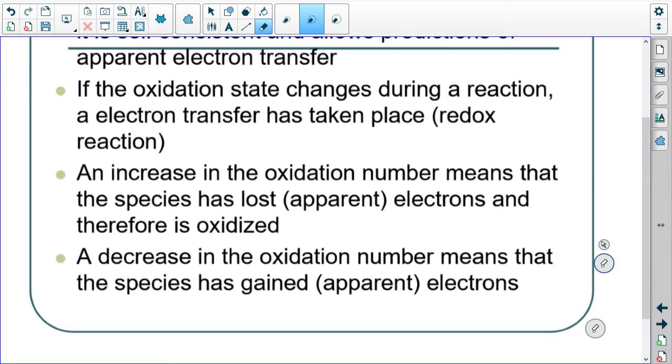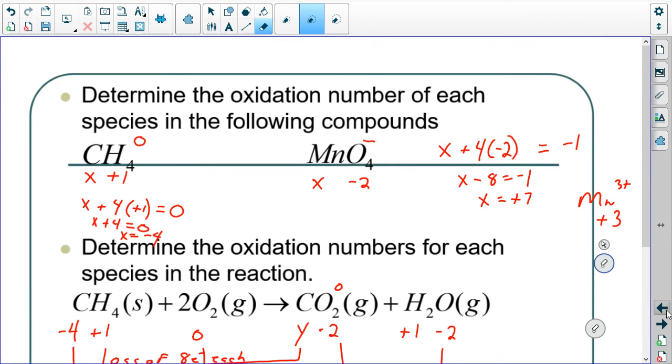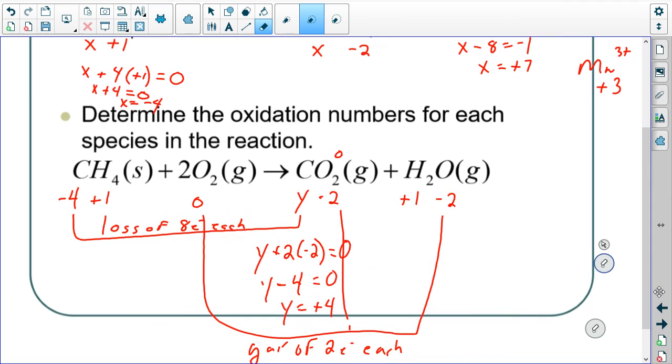So going back here, we can see that we went from -4 to +4. It lost. And the more negative a number means the more apparent electrons it has. So -4, it's got 4 extra electrons hanging around itself. Over here, the oxygen stole all those. Now it has 4 not hanging around.